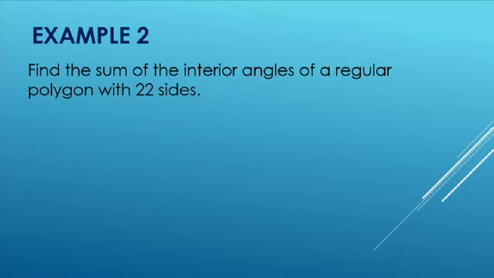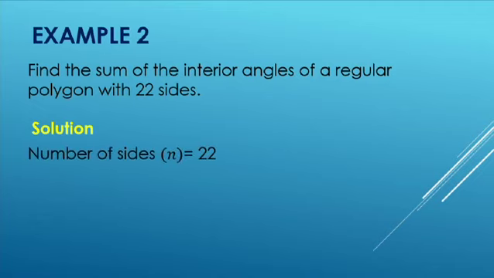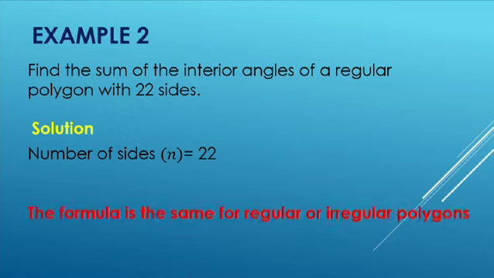Let's take another example. Example 2. Find the sum of the interior angles of a regular polygon with 22 sides. Now, you're not going to draw triangles with a polygon of 22 sides, right? So what do we need to do? You use the formula. Now, what do we know? We know that the number of sides, that is n, is 22, right?